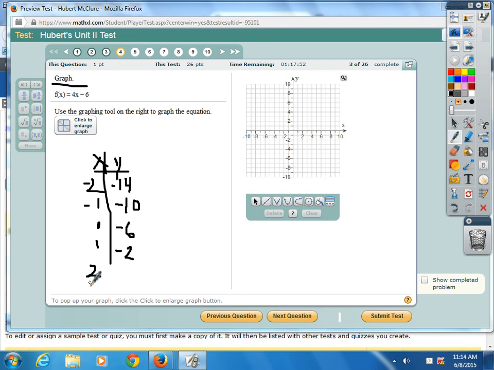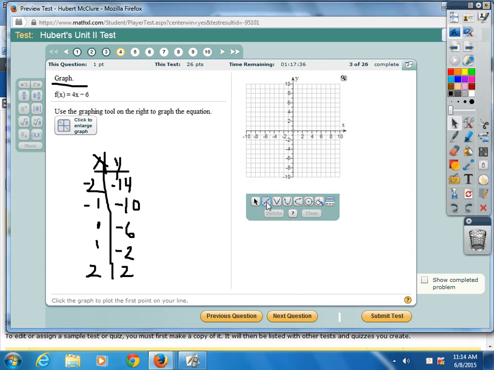And 4 times 2 is 8, minus 6 is positive 2. So hit your line right here and pick 2 points. I'm going to pick 1 and negative 2, and 2 and 2. And there's my line.